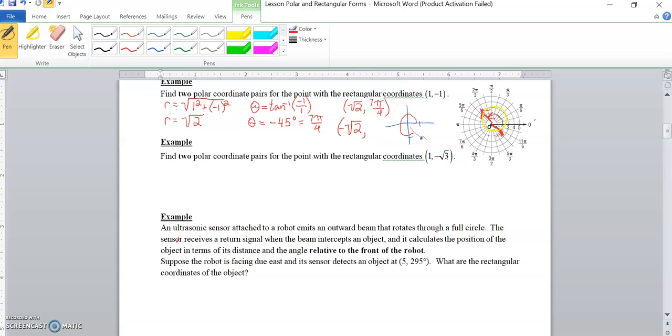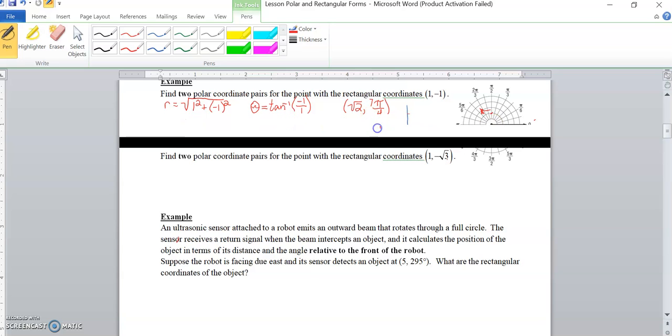So the question is, what is this angle? Well, that angle happens to be 180 degrees difference, or 1 pi different. So I would subtract 1 pi from this, just so that we stay within the 0 to 2 pi. So that would end up being 3 pi over 4.